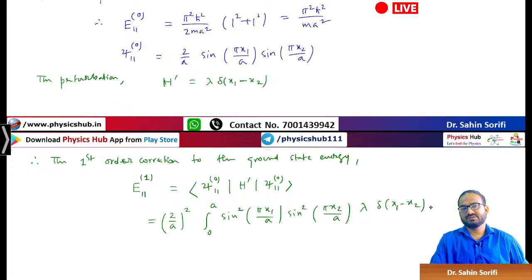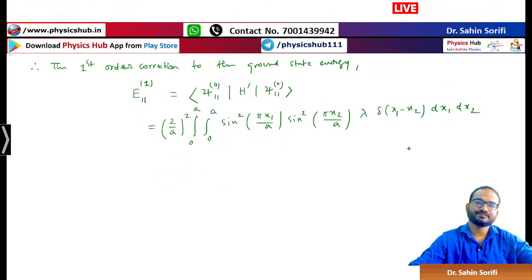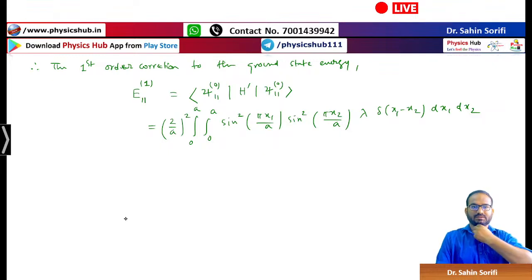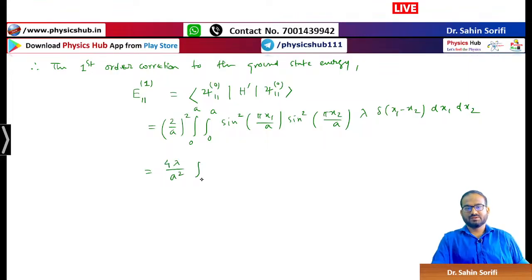Now you see there are two variables, so you have to write the limits 0 to a again, dx1 dx2. Clear? So this is equal to 4, and λ is taken outside, 4λ/a².